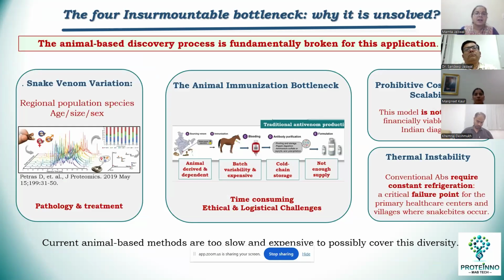In snake venom there is a lot of variation, not only between species like cobra and krait, but within the species, depending on geographical location, age, and size. For example, the cobra of UP, or cobra of Rajasthan, or cobra of the Northeast, though they are all cobra, Naja, their venom variation is too much.